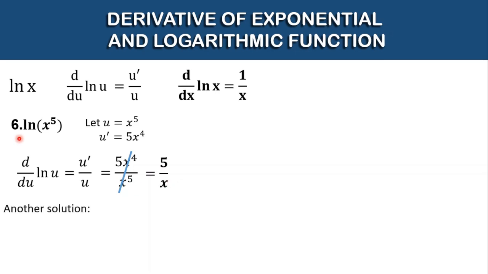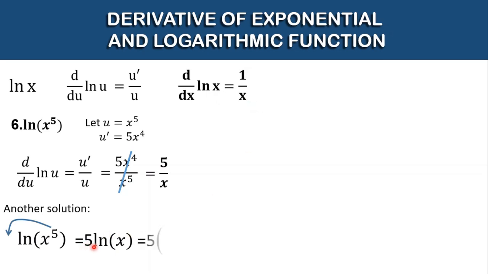So, let's have again our given ln, or the natural logarithm of x raised to 5. So, pwede lang nating ilagay yung 5, yung exponent ng x natin as the coefficient. Lipat lang natin siya doon. So, we're going to have 5 ln of x. Then, as we all know, the derivative of ln x is equal to 1 over x.